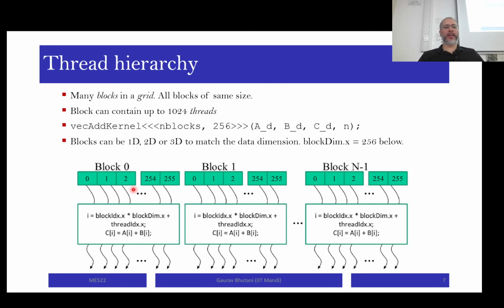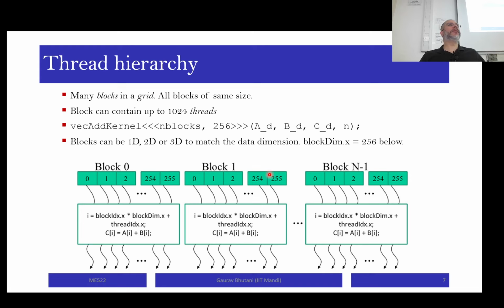Now let's look at the figure again, where you have blocks and indexes. So let's say your number of threads per block is 256, and you have only 2 blocks. So block 0 and block 1, that's it. So if you define 2 blocks with each block having a total number of threads as 256, what happens is your total number of threads available to you is 256 times 2, that's 512 threads available. But your n could be 500, for example.